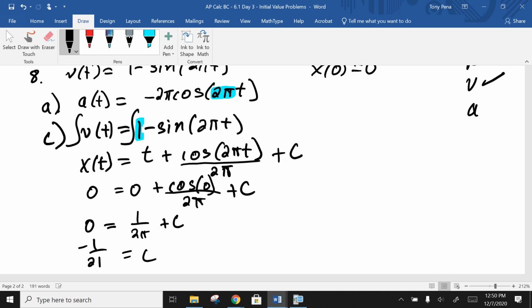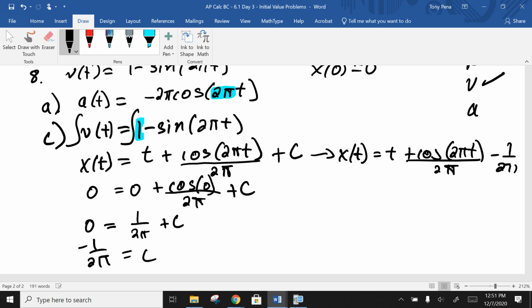So kind of a weird constant in this case. It's a negative 1 over 2 pi. And then we can write our position at any time, which is the answer to the question, because we now know what our C is. All right, and then that's our guy.